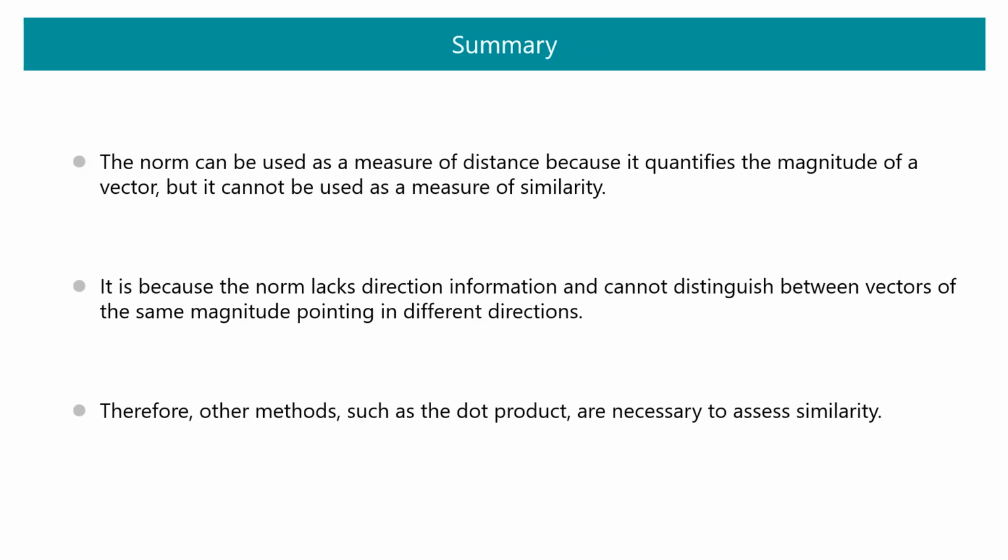The norm can be used as a measure of distance because it quantifies the magnitude of a vector, but it cannot be used as a measure of similarity. It is because the norm lacks direction information and cannot distinguish between vectors of the same magnitude pointing in different directions. Therefore, other methods, such as the dot product, are necessary to assess similarity.